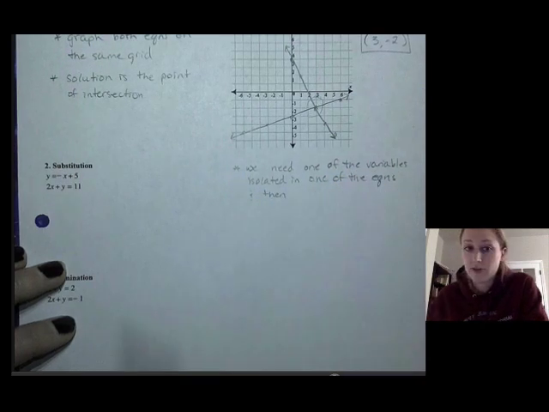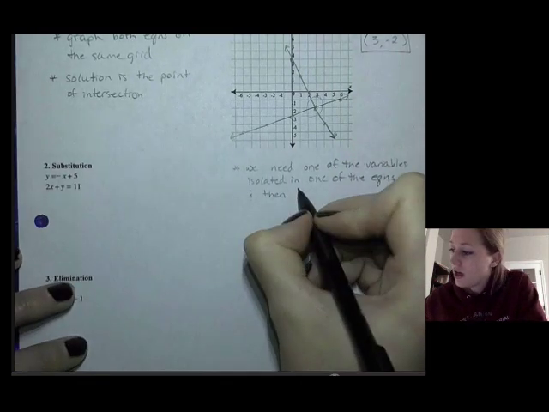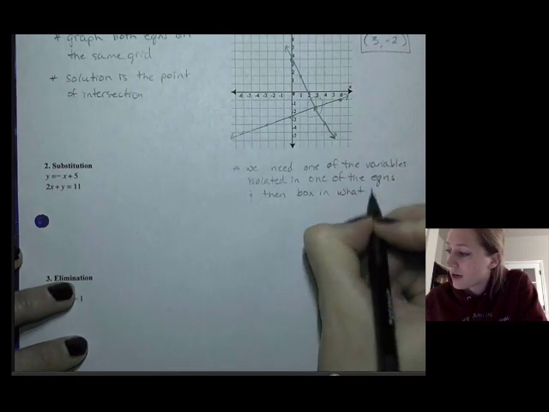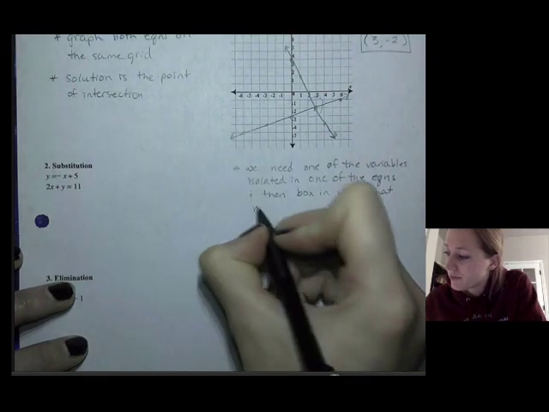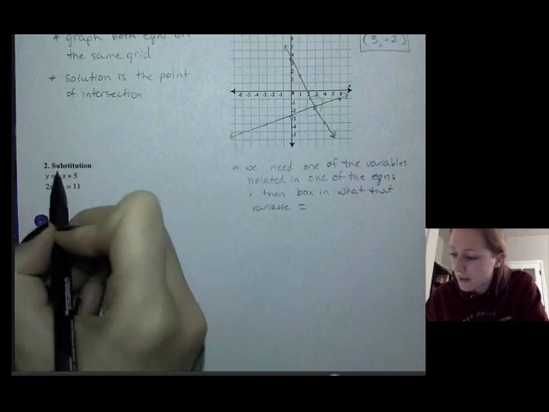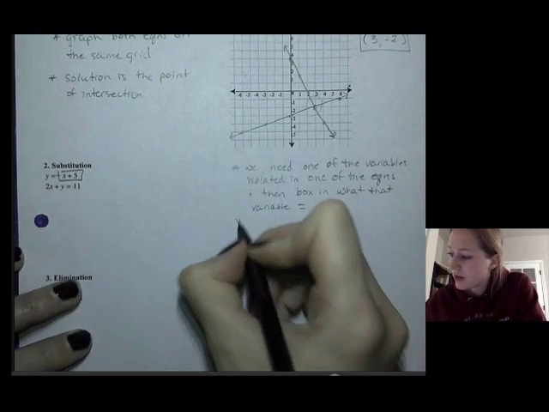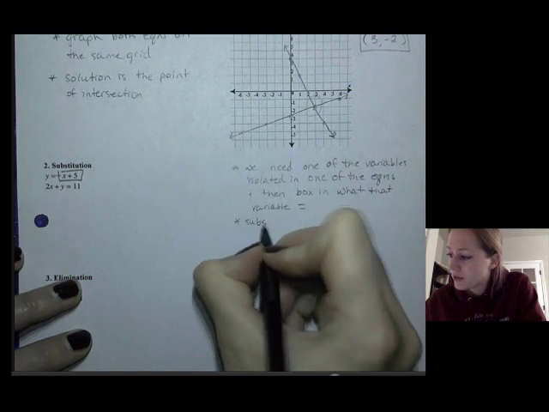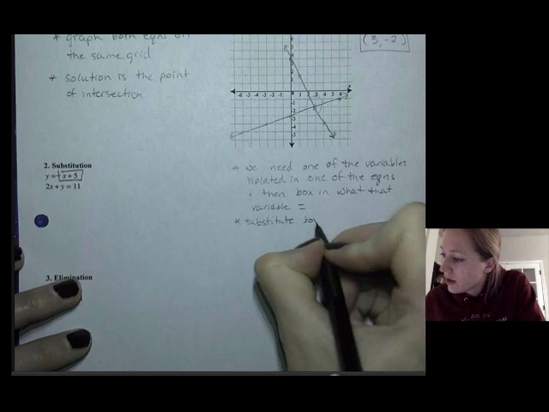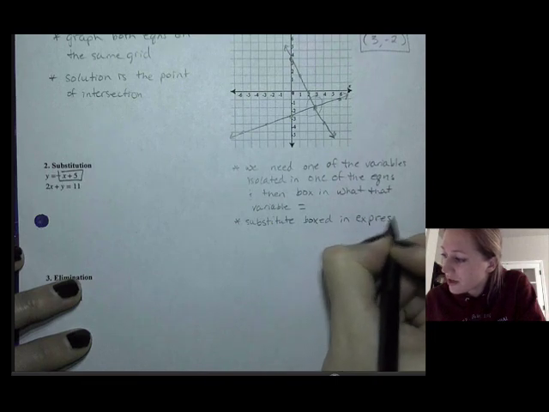Then if we do have one, like we do here, where I have y by itself in that top equation, we're going to box in what that variable equals. Here I'm going to box in -x plus 5. And we're going to substitute, hence the name substitution, the boxed in expression into the other equation and solve.